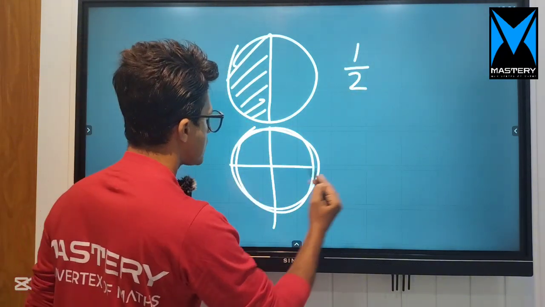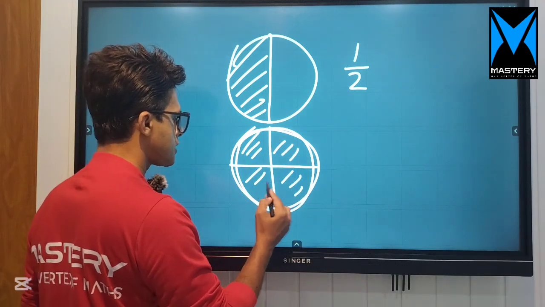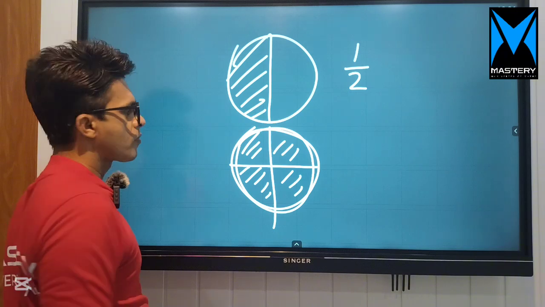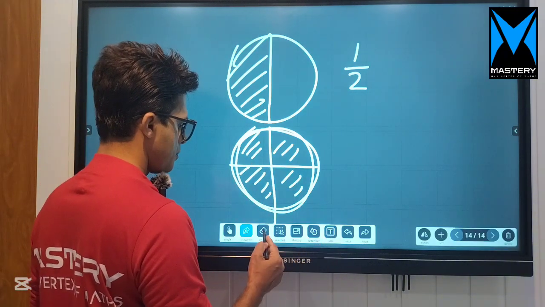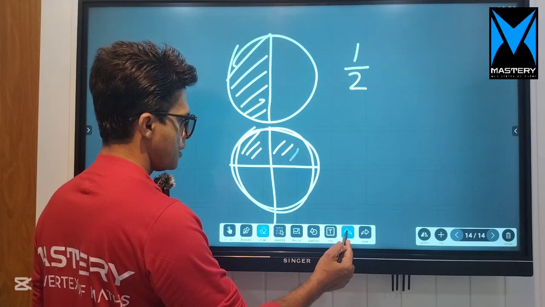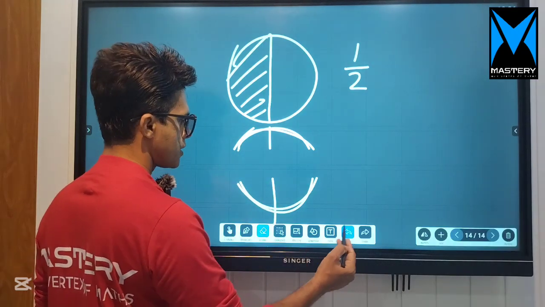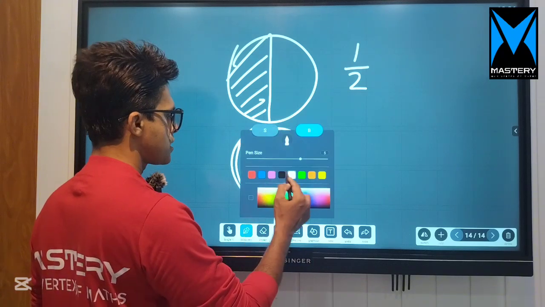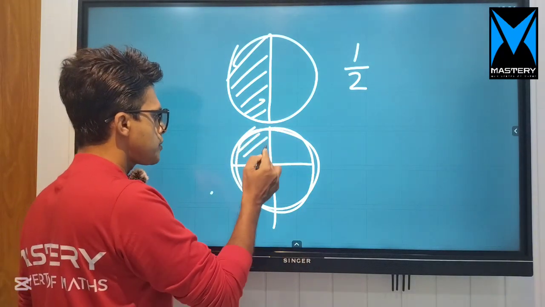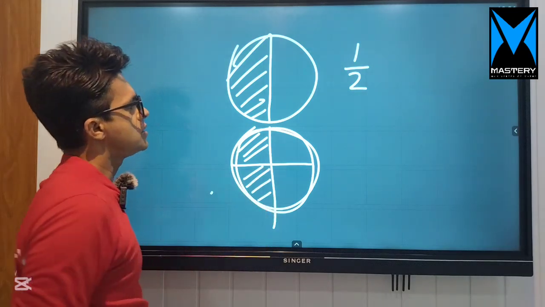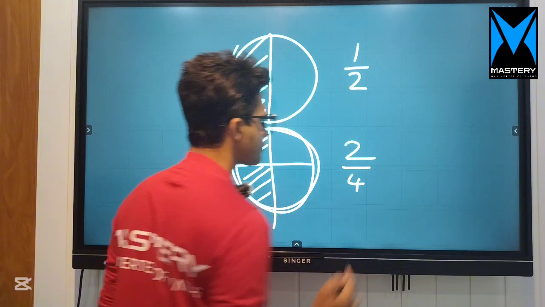The same circle is divided into 4 equal parts, and I color these two segments. You would see here 1 over 2 and here 2 over 4.